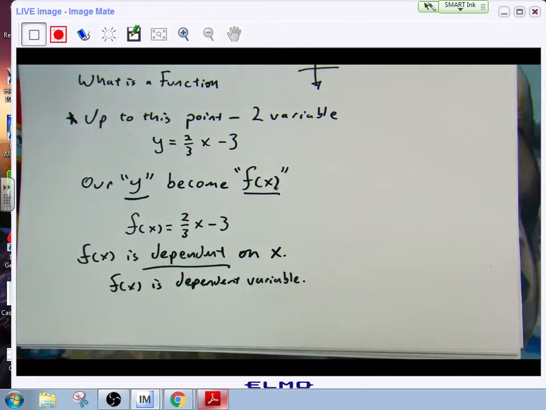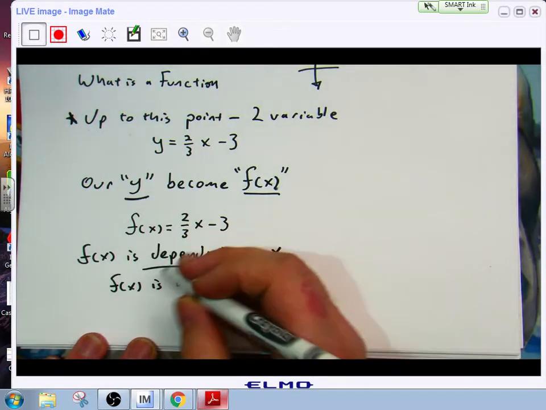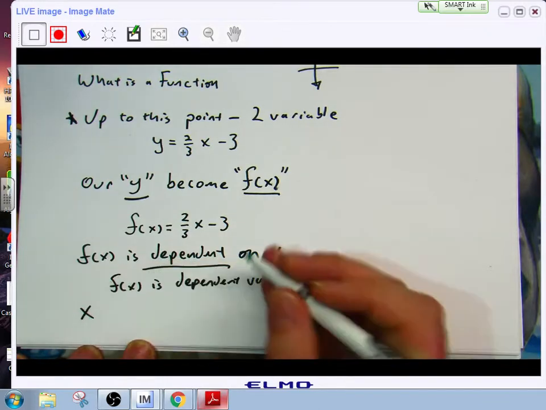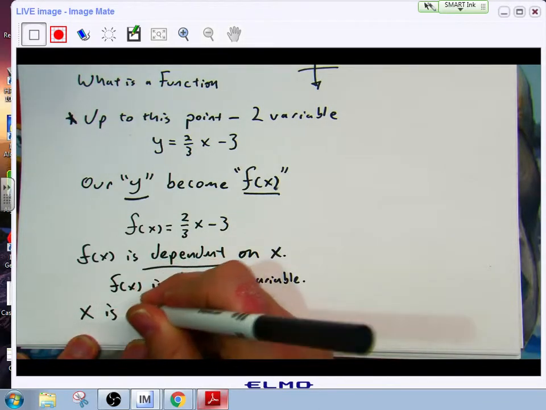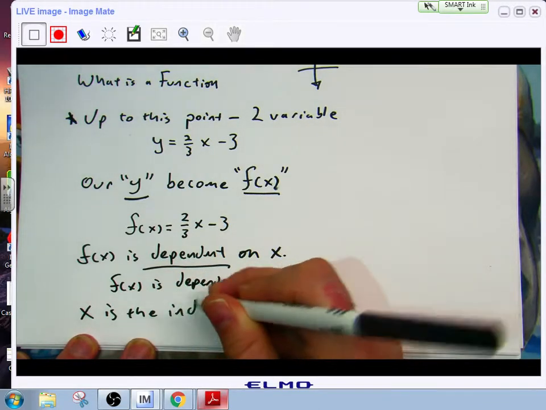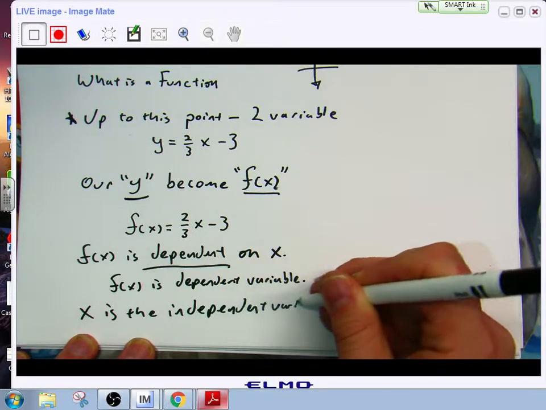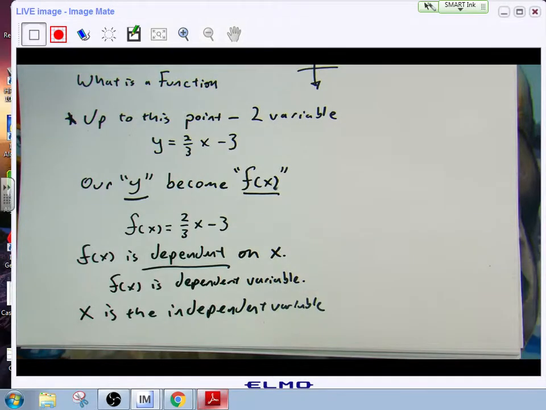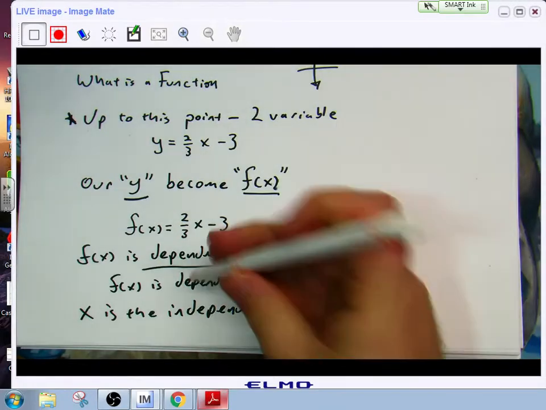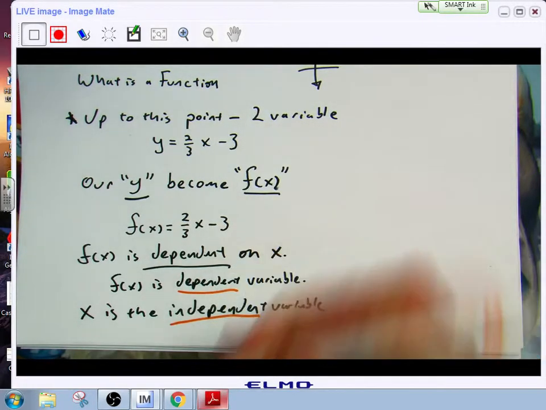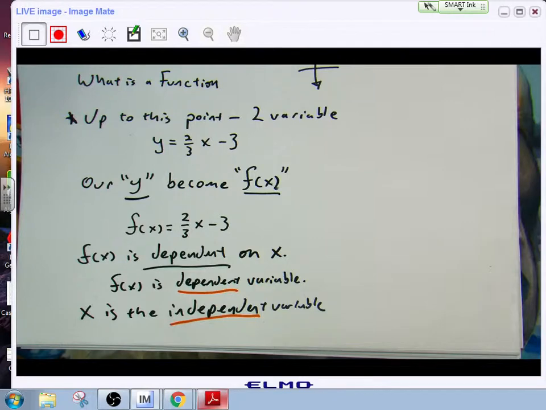F of x is the dependent variable, which makes x the independent variable. So what does that mean? It means x can be any number; we can choose whatever number we want.